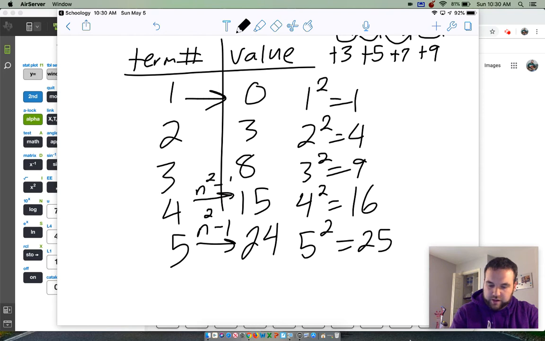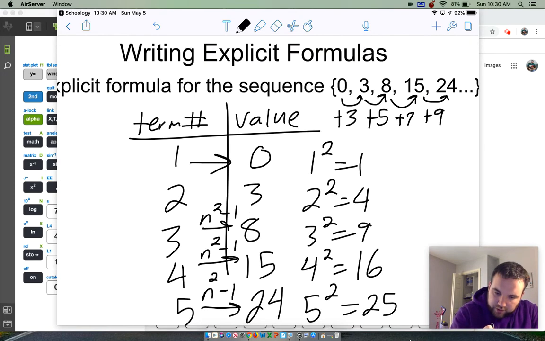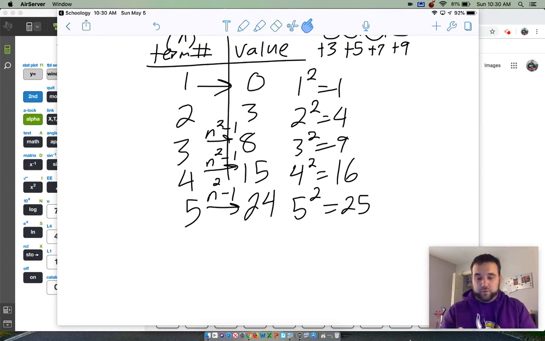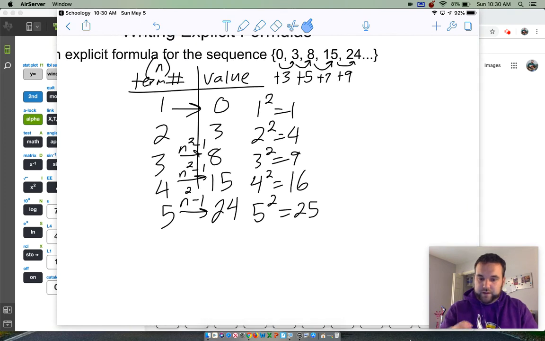N squared minus 1, n squared minus 1. Term number is n. So it looks like I found a formula: to find the nth term, you take the number n, square it, and then subtract 1.